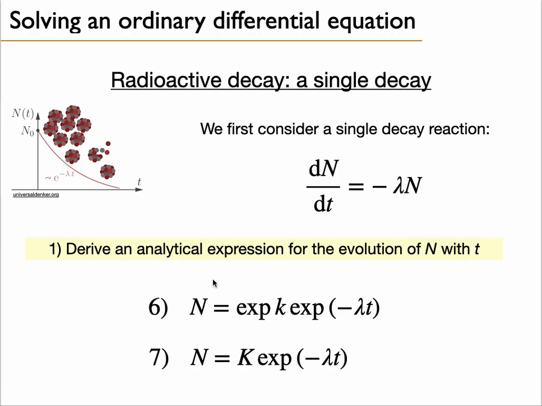Then you find this expression: n is equal to e to the power k times exp minus lambda t. We now rename e to the power k by big K, and we have n is equal to big K exponential minus lambda t. That's an exponential decay solution.